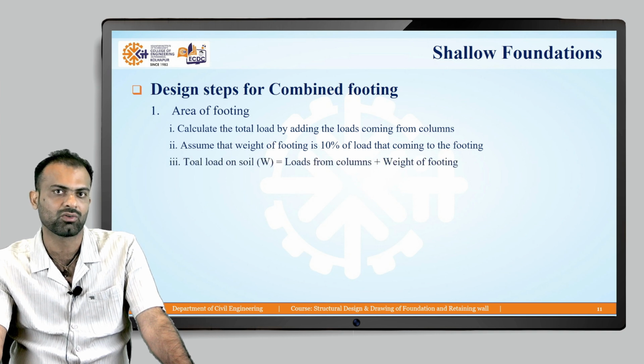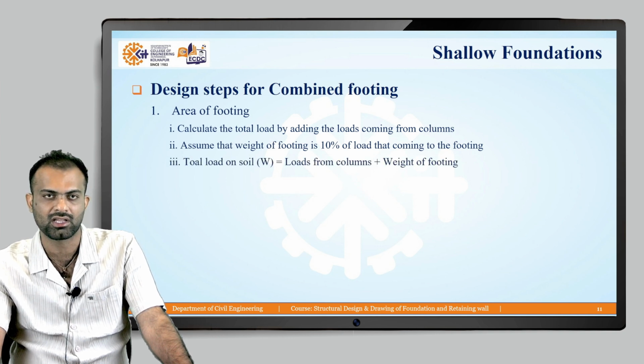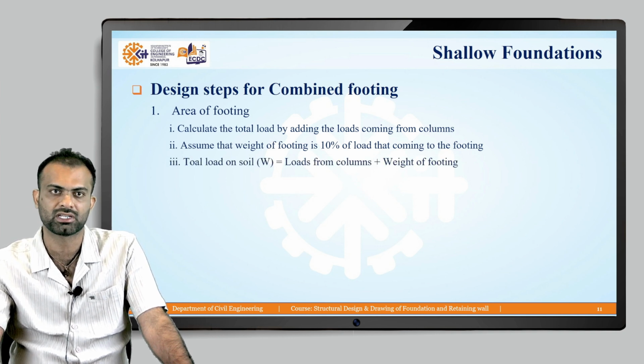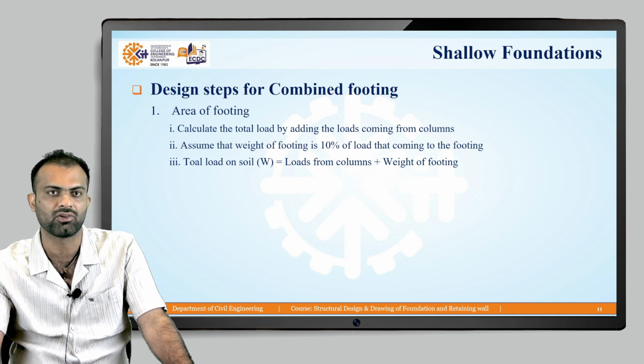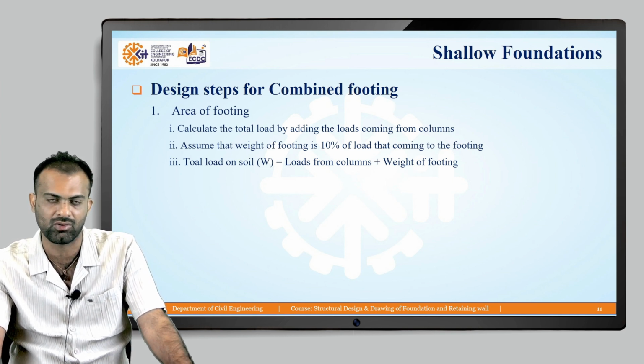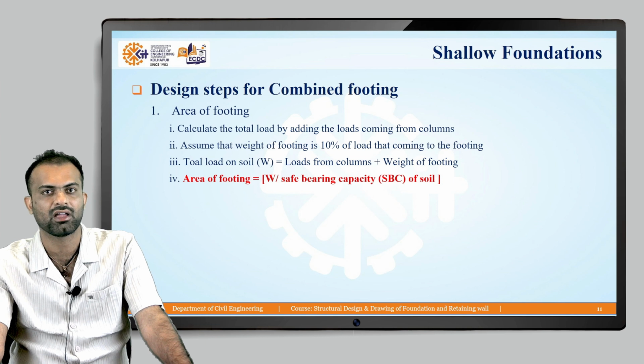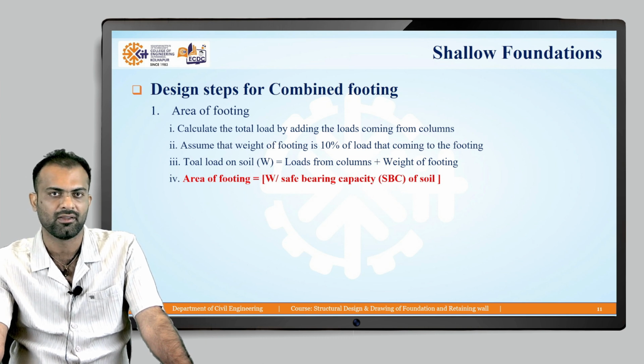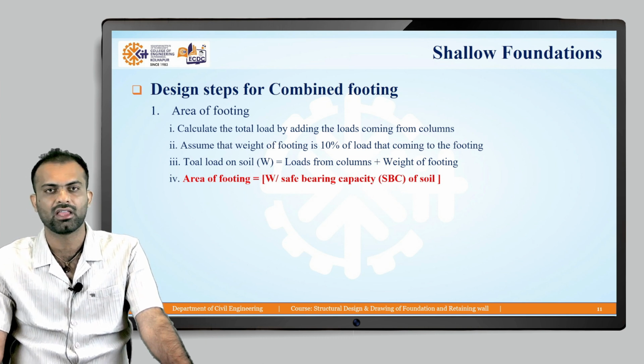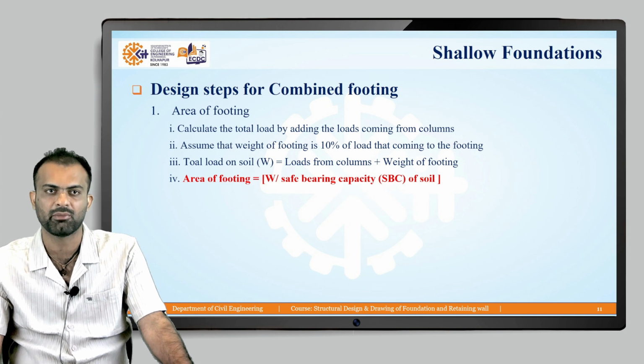Then we calculate the total load on the soil. The total load on the soil is the load from the superstructure plus the weight of the footing. So, 150 kilonewtons plus 15 kilonewtons is 165 kilonewtons. By knowing the total load and the soil bearing capacity, we calculate the area of the footing using this formula. After calculating the area, we need to fix the dimensions of the footing.